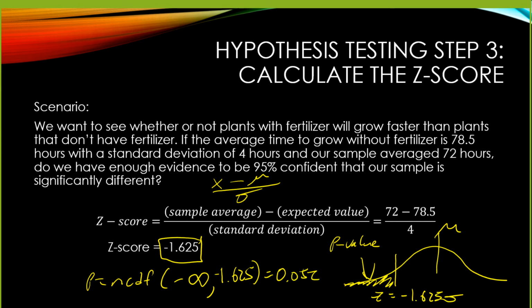Which means there is a random chance of 5.2% that you would get a plant that grows this fast without fertilizer. Okay, what's our conclusion? Sarah?